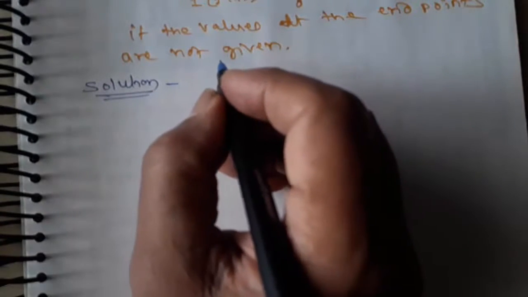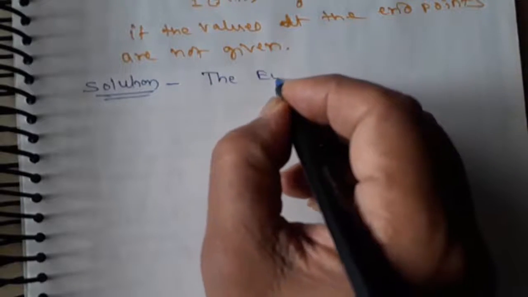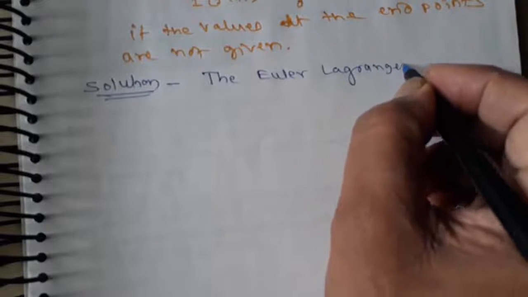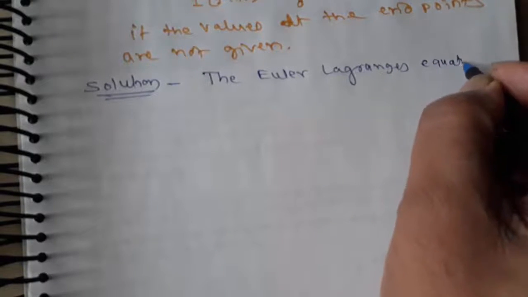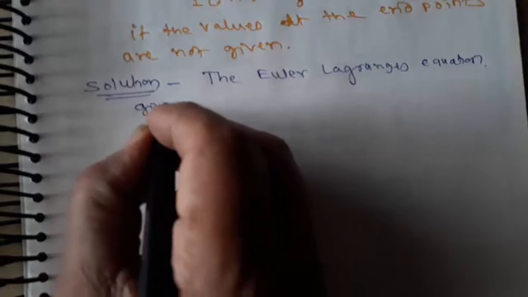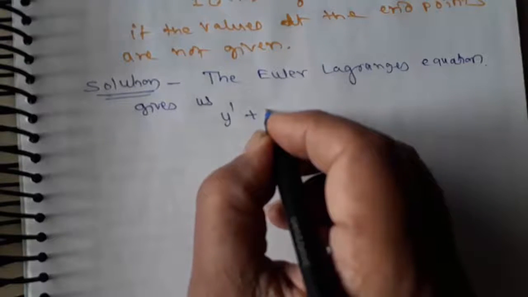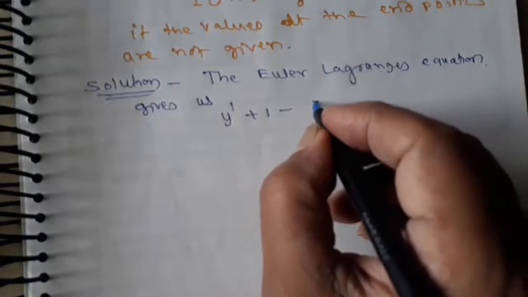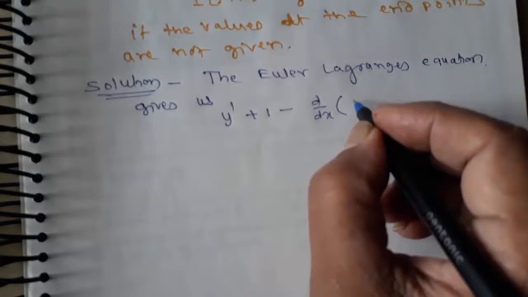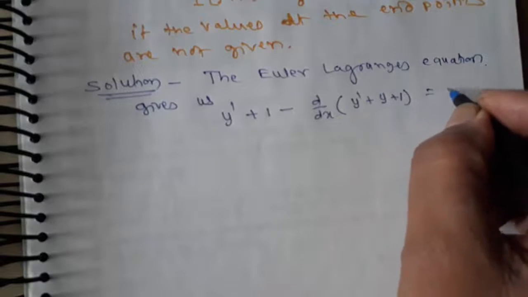The solution is like this. The Euler-Lagrange equation gives us y' + 1 minus d/dx of (y' + y + 1) equal to 0.